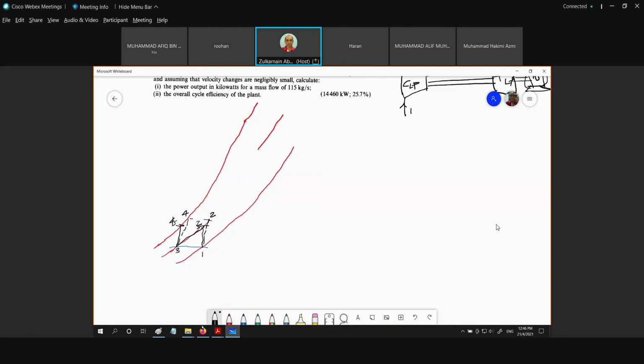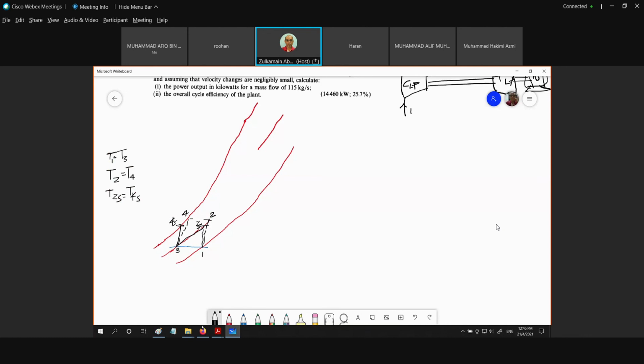Then we can write here T1 equal to T3, T2 is equal to T4, and T2s equal to T4s. Okay?